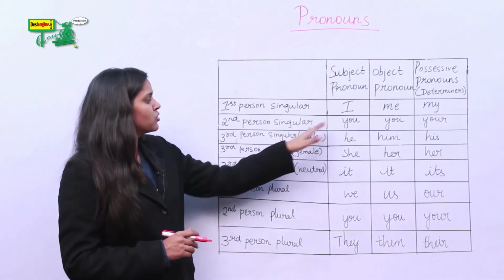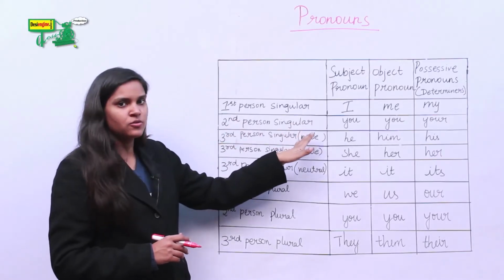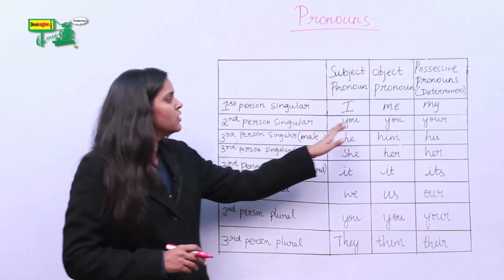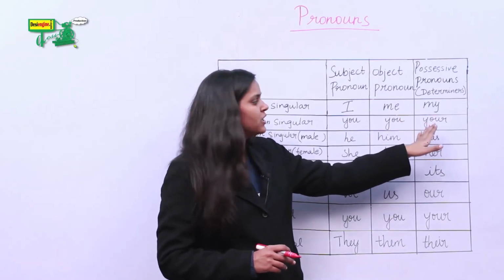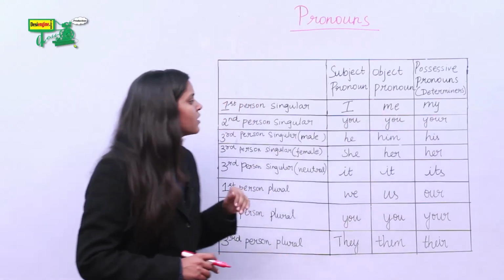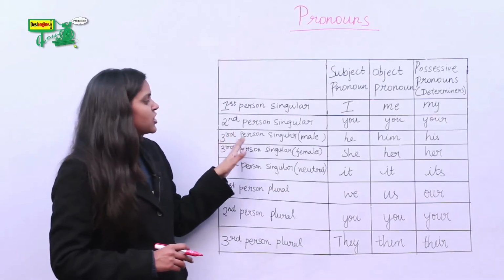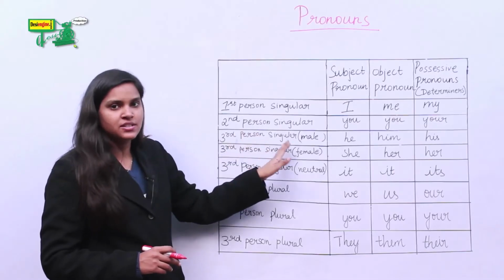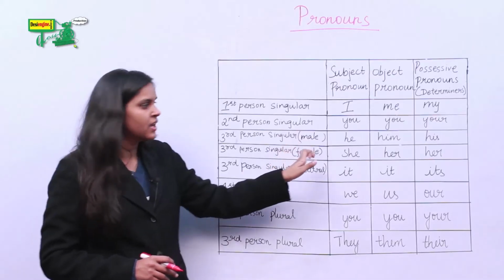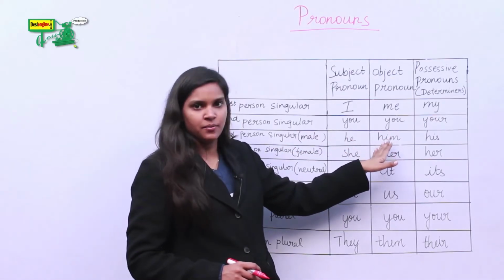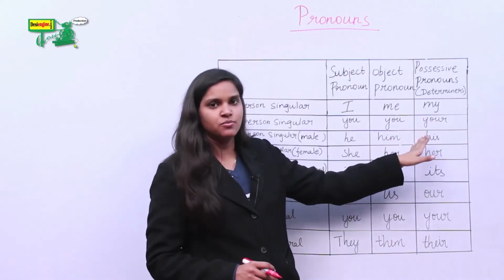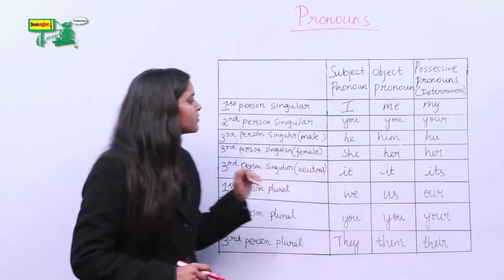The subject pronoun of second person singular form is you, object pronoun is you and possessive pronoun is your. The subject pronoun of third person singular male is he, object pronoun is him and the possessive pronoun is his.